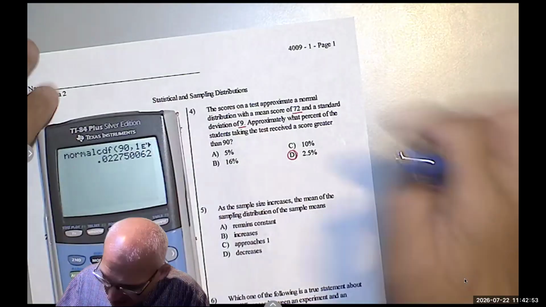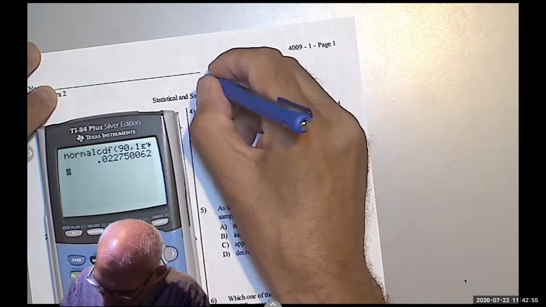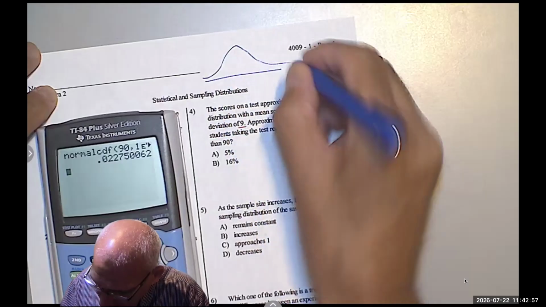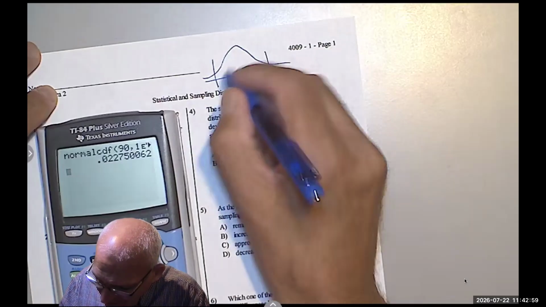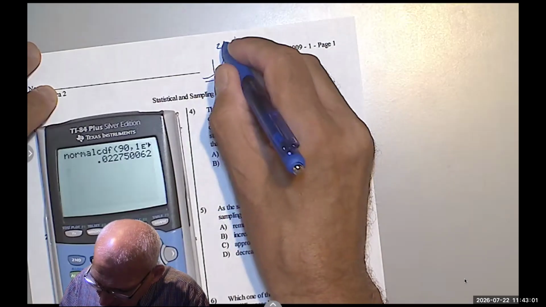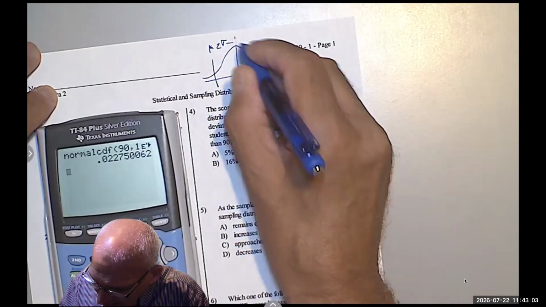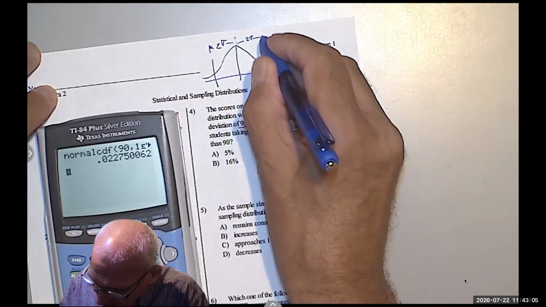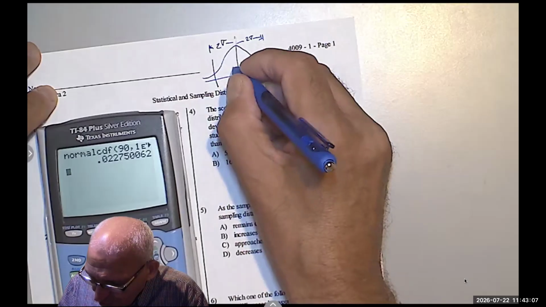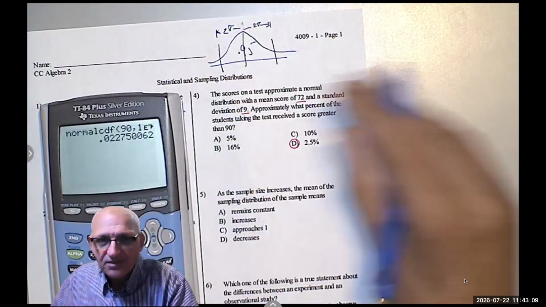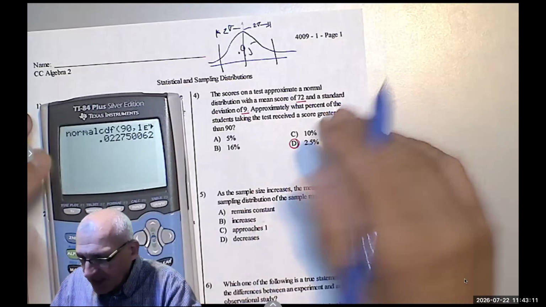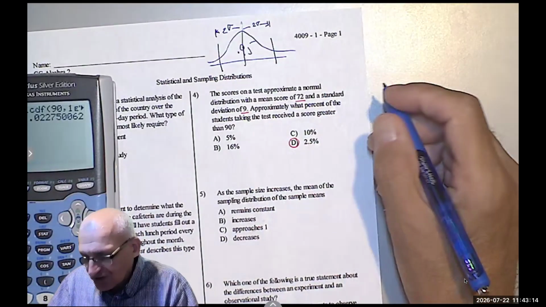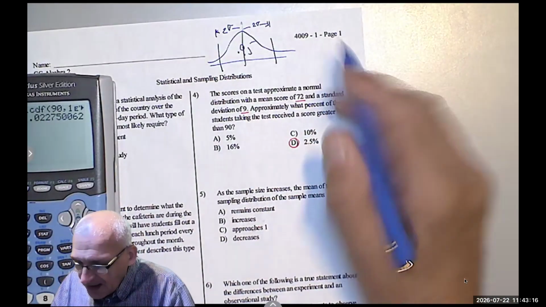That's what I mean. Here is the normal curve. If this distance is 2 sigma, and this distance is 2 sigma, then this area is 0.95, roughly. I mean, it's 0.9545, but roughly.